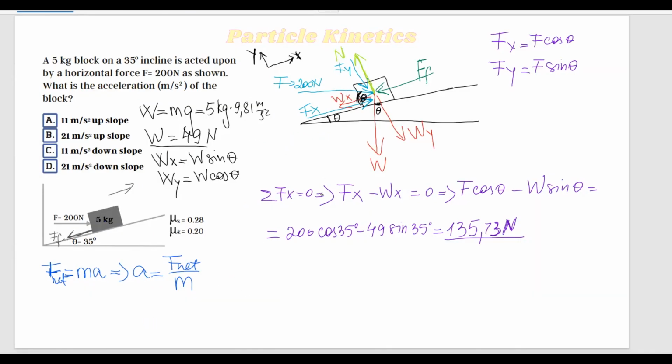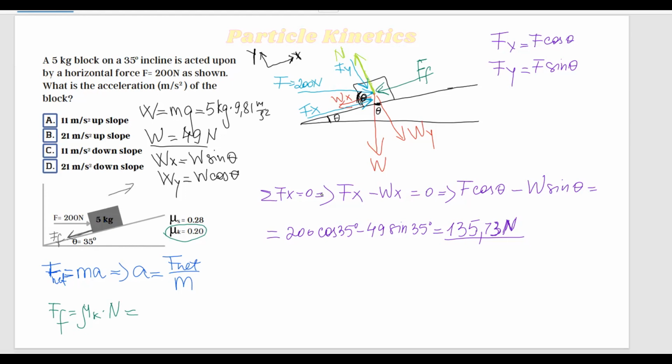So I can come here and calculate the friction force. It's going to be equal to mu. And in this case, since the object is moving, we are going to use the kinetic friction factor. If the object was stationary, we would have used mu s. So mu k multiplied by the normal force.